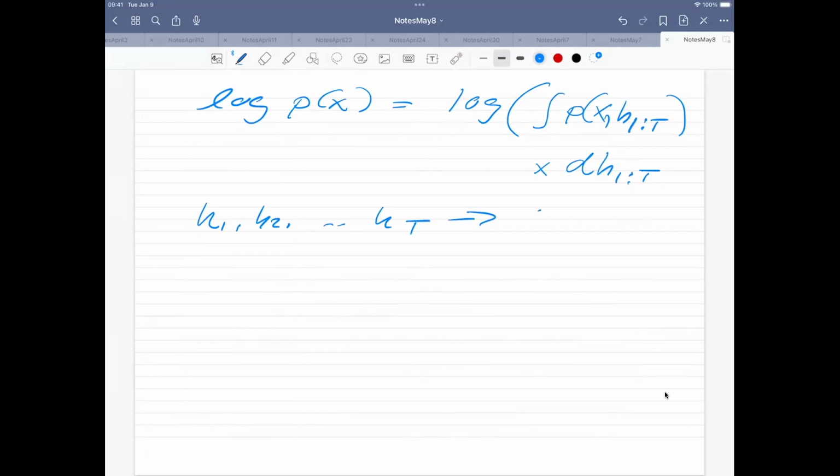So I'm just going to replace this with X1, X2, and this is just for the simplicity of the notation, and X0 is the data, is the input data.